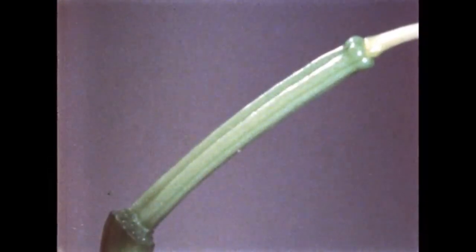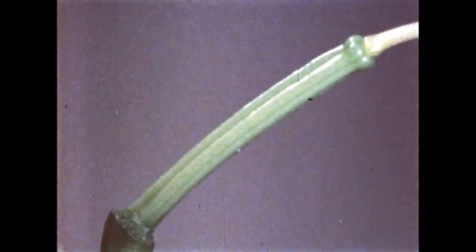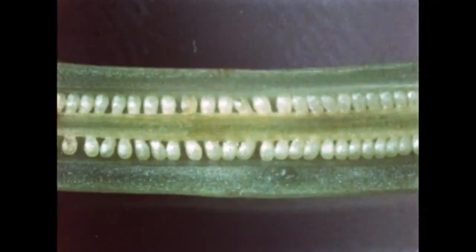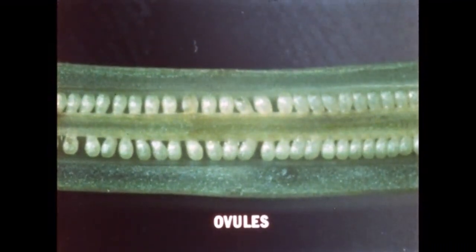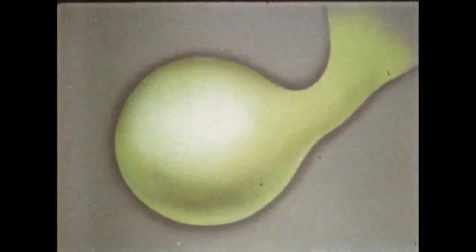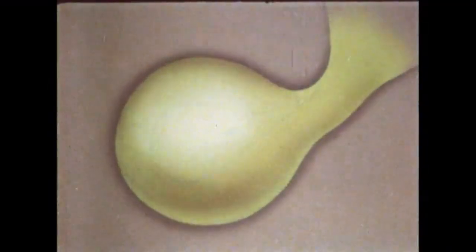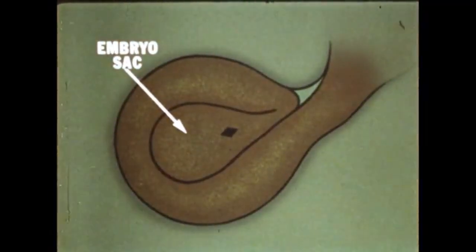All the pollen tubes grow toward the ovary beneath the style. The small round objects within the lily's ovary are called ovules. This drawing represents a single ovule with an embryo sac inside it.